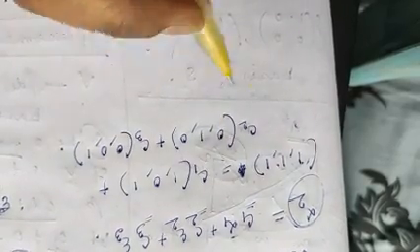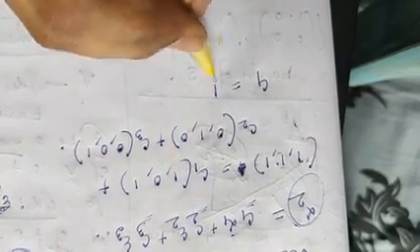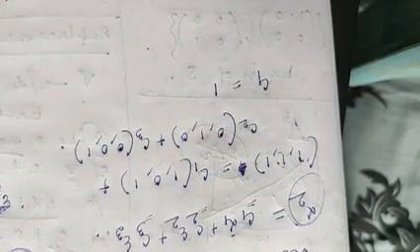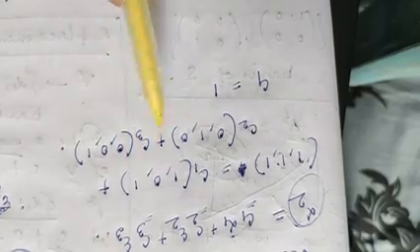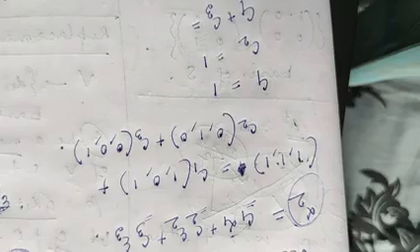From the first component, C1 equals 1. From the second component, C2 equals 1. From the third component, C1 plus C3 equals 1.